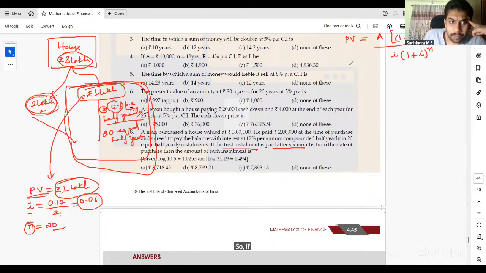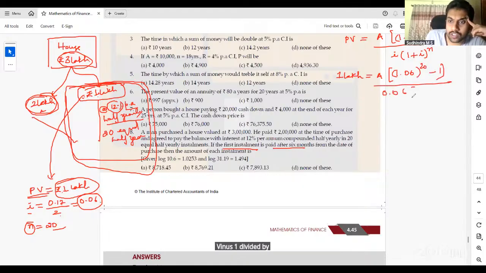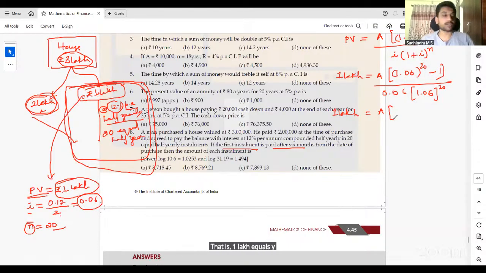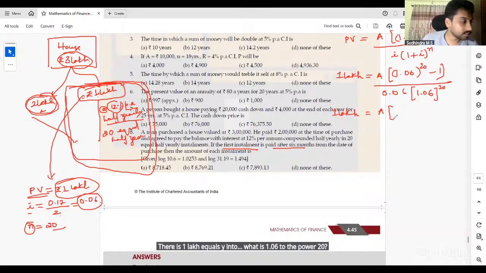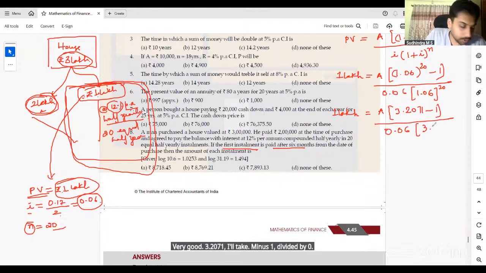So if I apply this, present value 1 lakh is equal to A, which we have to calculate, into (1.06 to the power 20 minus 1) divided by (0.06 into 1.06 to the power 20). What is 1.06 to the power 20? 3.2071. Very good.